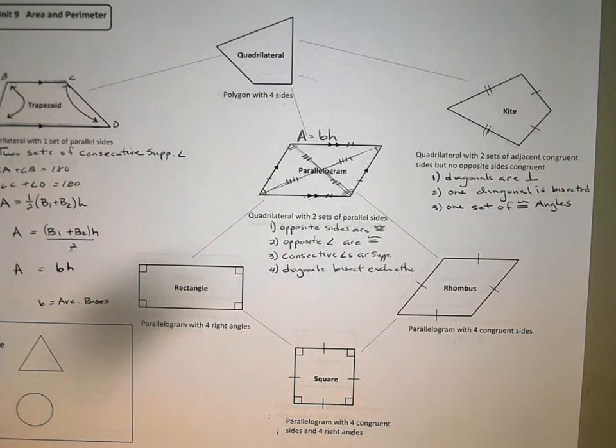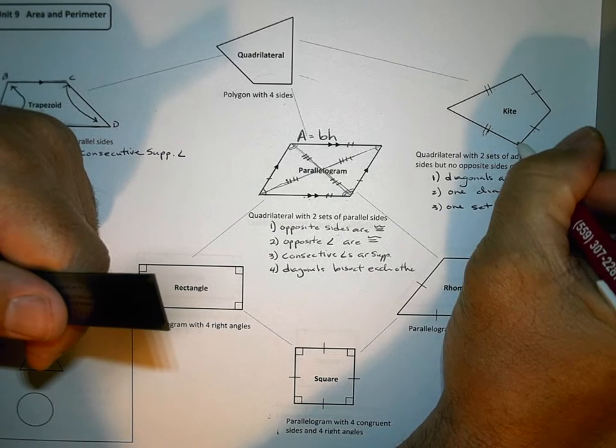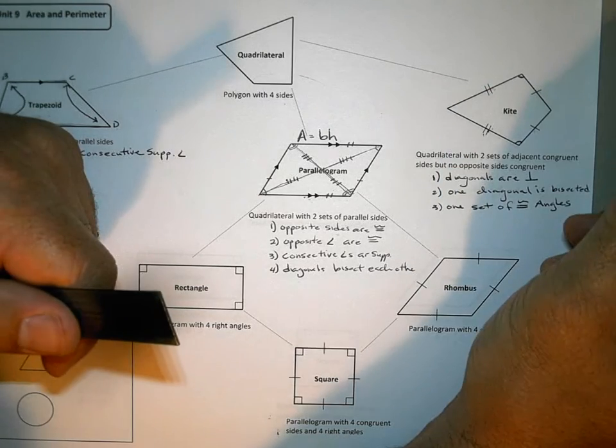So in a kite, the congruent angles will always be the two angles between the non-congruent sides. So these angles will always be congruent in a kite.